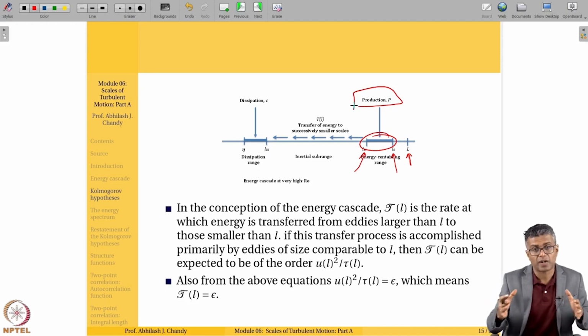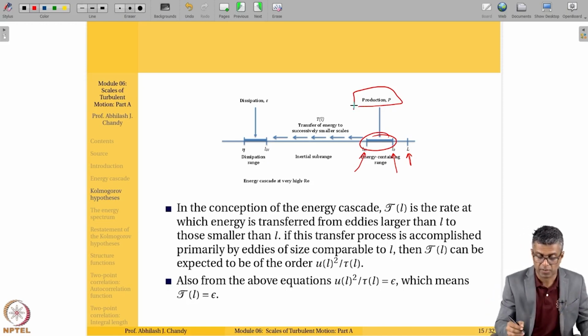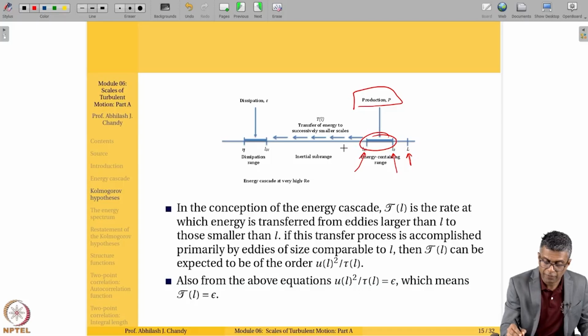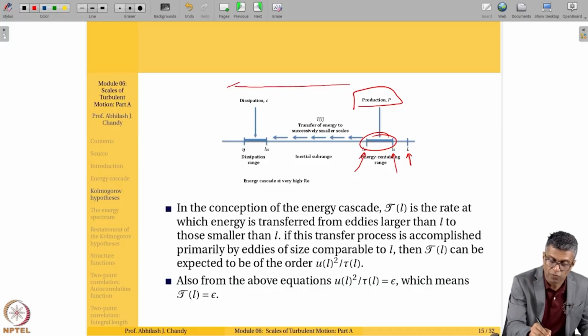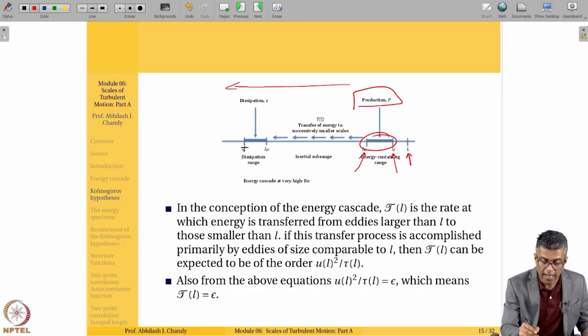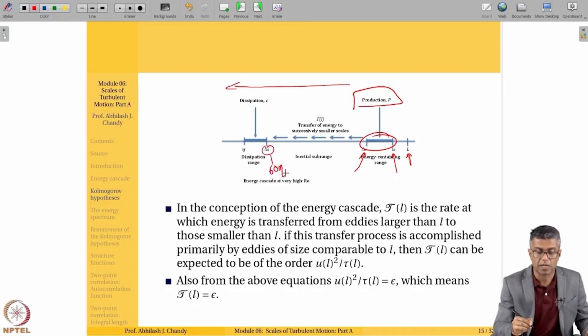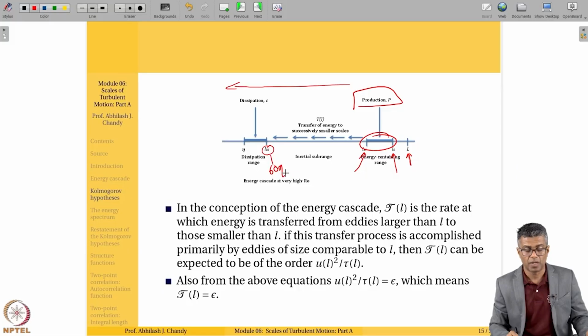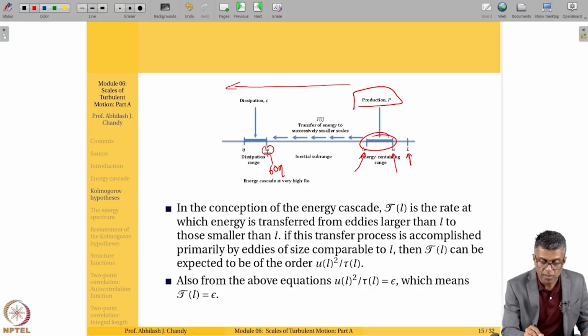That energy is being transferred to the smaller scales. And everything below that is the universal equilibrium range. Remember? And I have LDI as a separation length scale, which is approximately 60 times eta. So everything between 60 eta and eta is the dissipation range. So this is where the dissipation is happening.